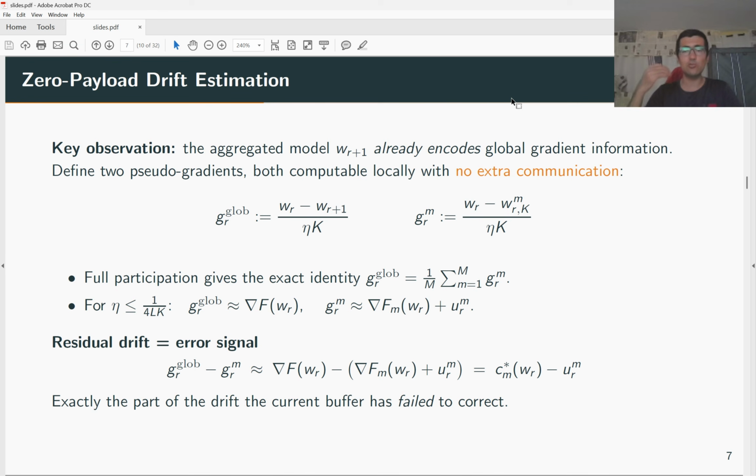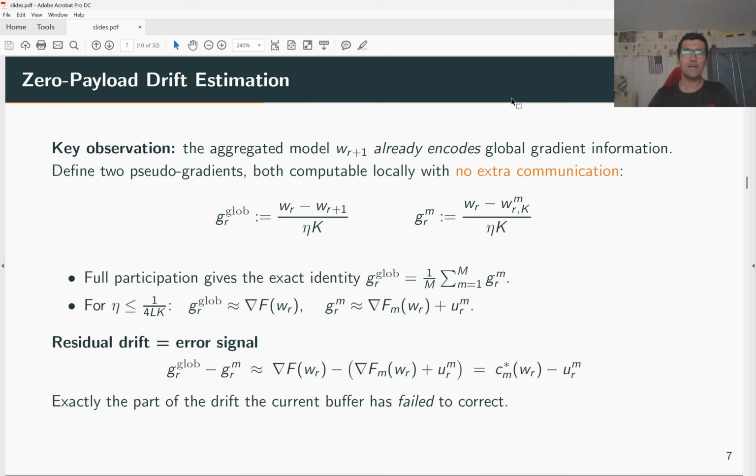And for a reasonably small learning rate, these pseudo gradients track the true gradients at the start of the round. The global one approximates the global gradient, and the local one approximates the local gradient plus the buffer that was applied during the round.